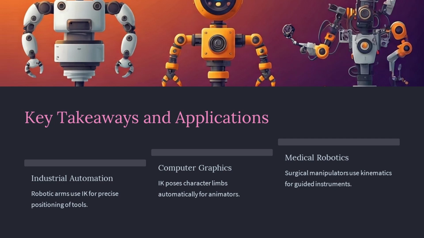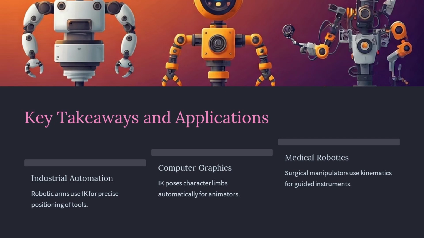Forward kinematics and inverse kinematics are essential in a wide variety of fields. In industrial automation, robotic arms use inverse kinematics to position welding torches, grippers, or cutting tools with millimeter accuracy. In computer graphics and animation, artist tools use inverse kinematics to pose character limbs automatically, sparing animators from keyframing each joint individually.